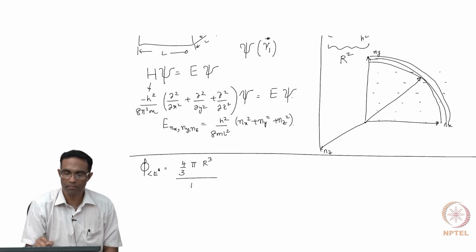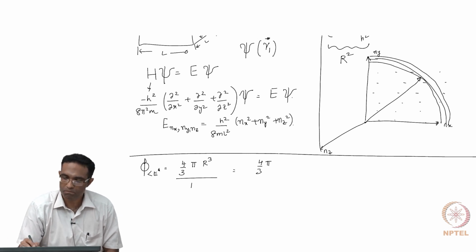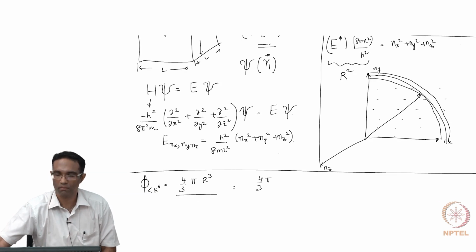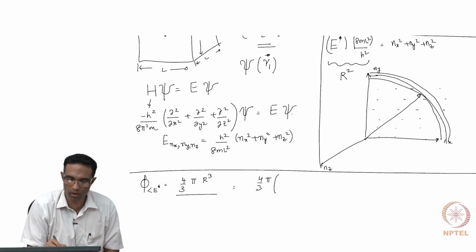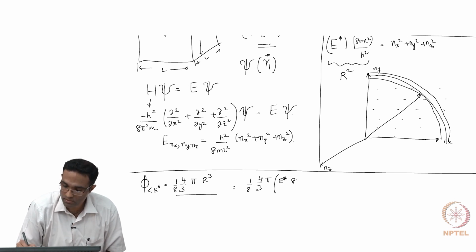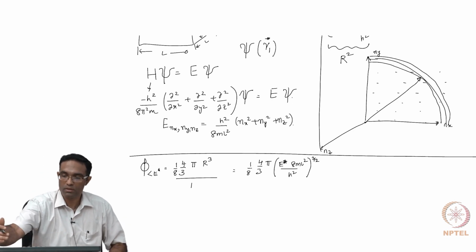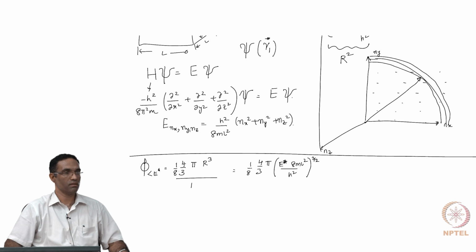So this is 1, and this turned out to be 4 by 3 pi, and r is nothing but... sorry, 1 by 8 of this, because it's 1/8 of the sphere. Okay, 1 by 8 of this. So you get here E star... this would essentially be the total number of points which have energy less than E star, right?